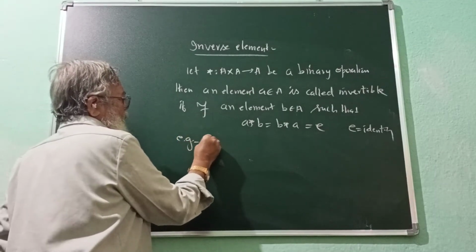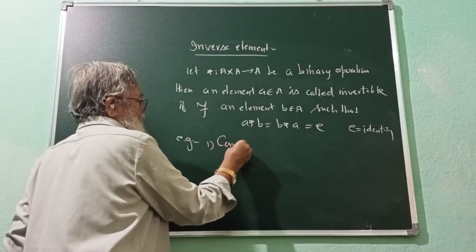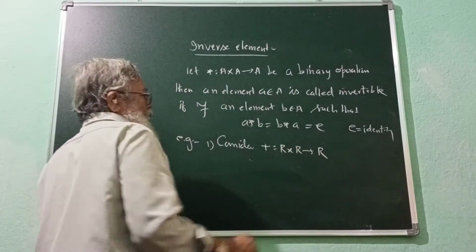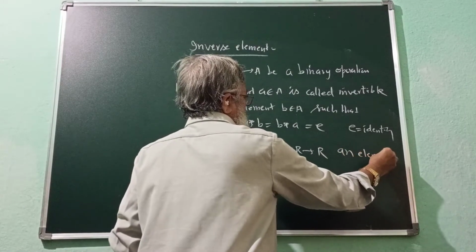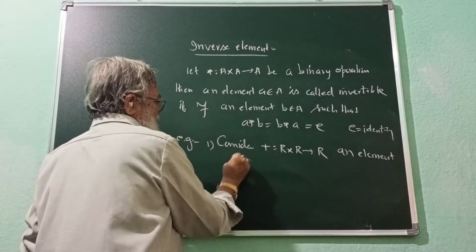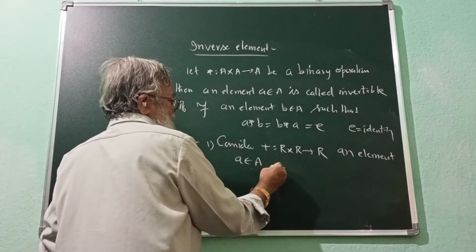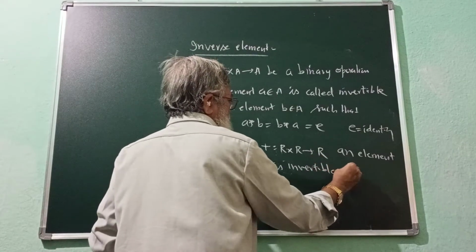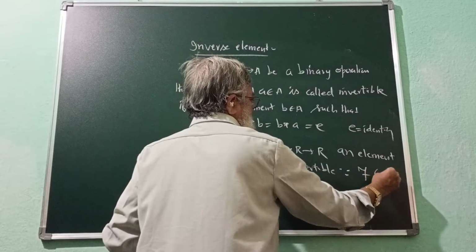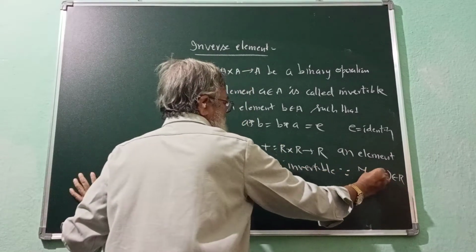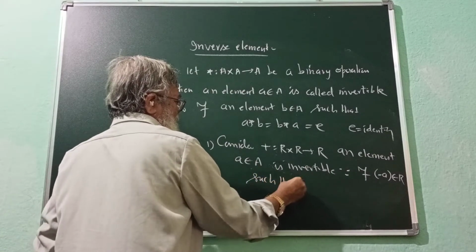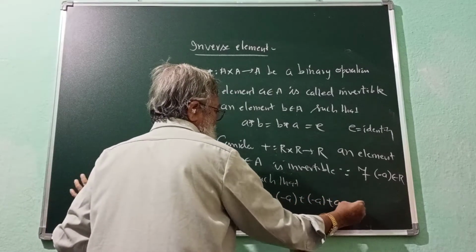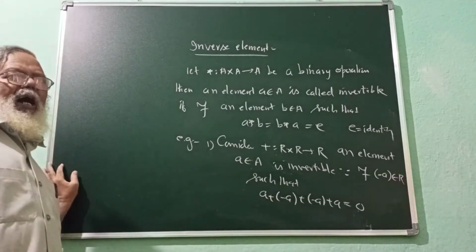Now let us give the example. First one, consider plus from R cross R to R. An element a belonging to R is invertible because there exists minus a belonging to R such that a plus minus a or minus a plus a is equal to 0, where 0 is the identity of addition.